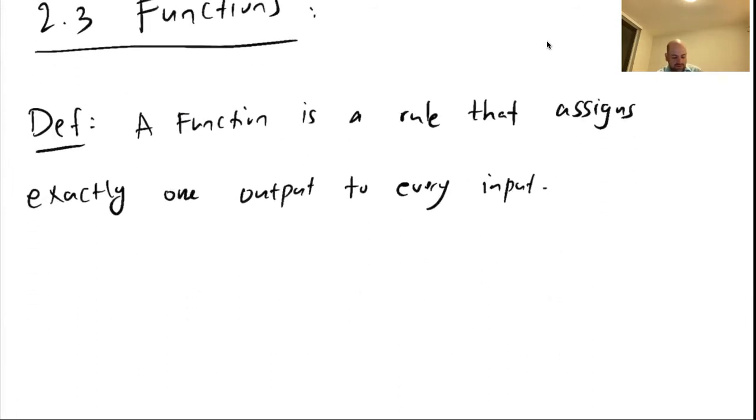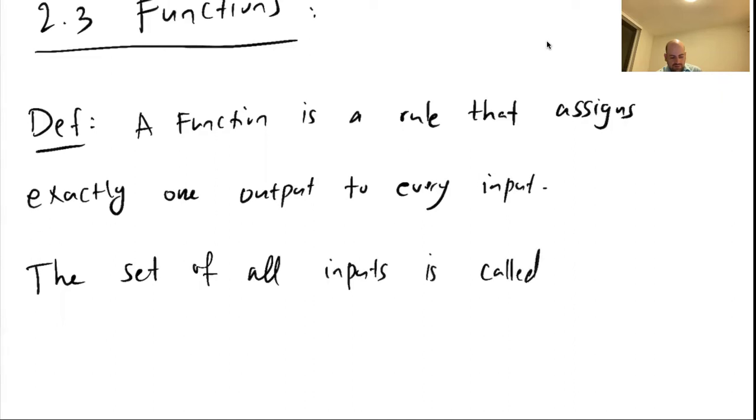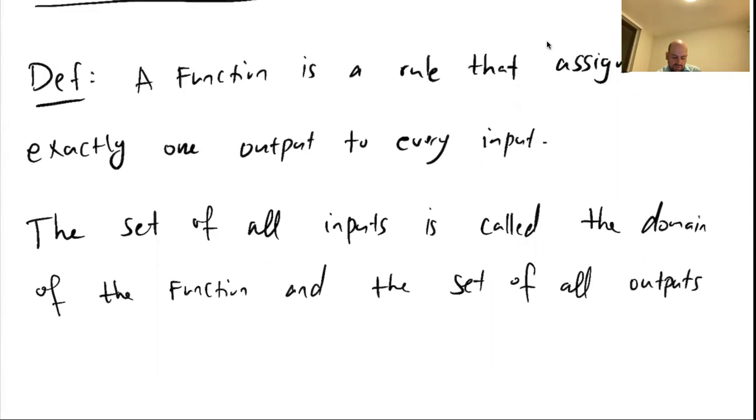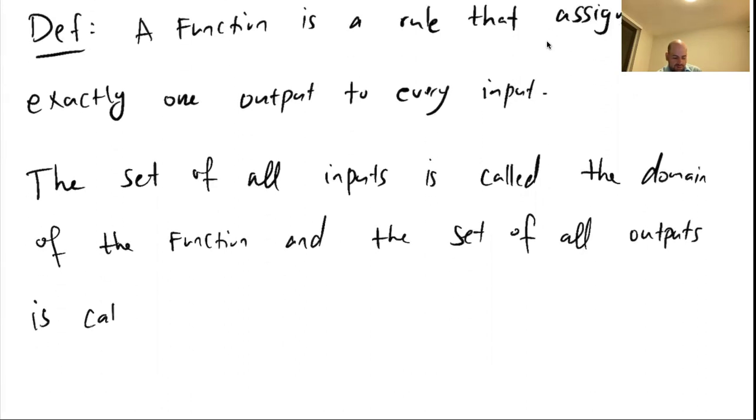So the set of all inputs is called the domain, right? The domain of the function. And the set of all outputs is called the range.